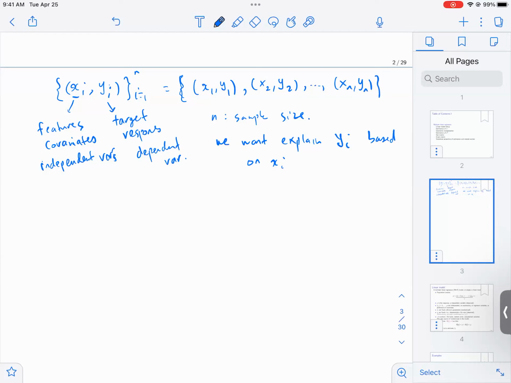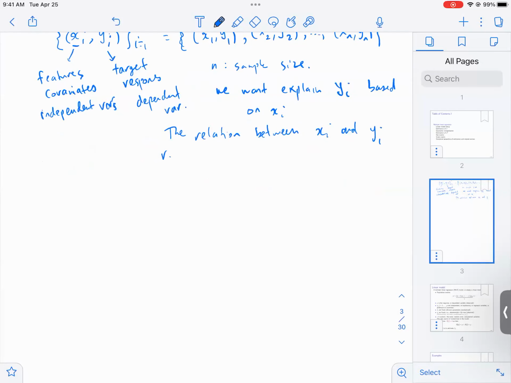We might be able to do that, but for the start, we're going to assume that the relation between xi and yi remains constant, i.e. does not depend on i.